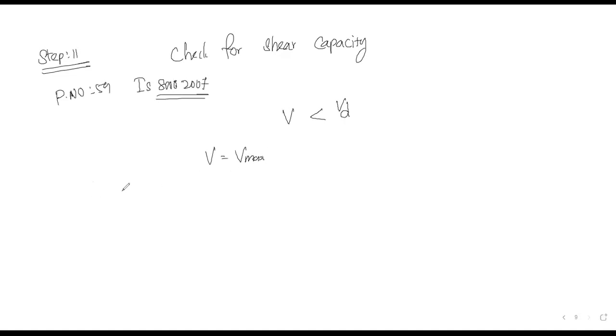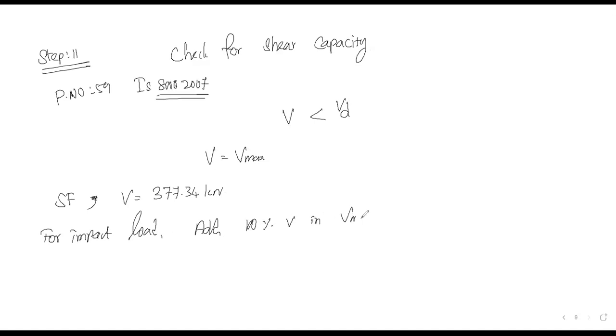So here, because of the live load, we are getting the shear force as 377.34 kilonewton. And while transferring the load from one place to another place, we can get some impact. Okay, I said already, for impact load we are going to add 10 percent of V to V max.